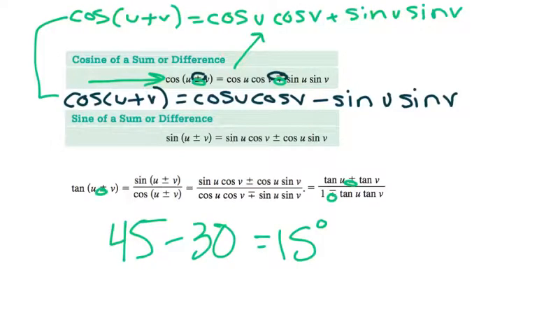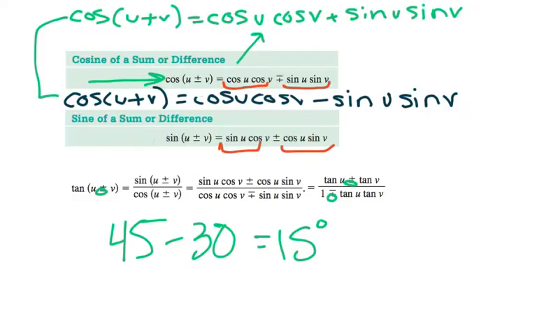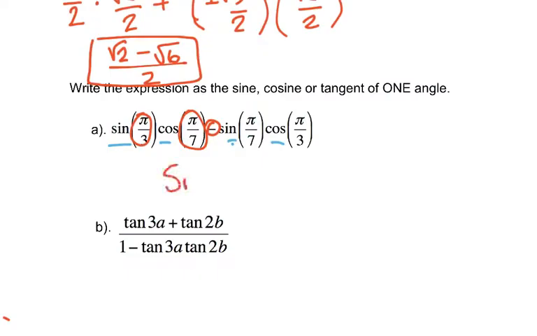If you look here, the first one has cosine, cosine, sine, sine, and this one has one of each in it. So definitely we're seeing that this is going to be sine, of pi over 3 plus pi over 7, or well, this is a subtraction here, so let's check. So it's going to be minus, because we saw the minus there. So sine of the two angles given to us, subtracted.